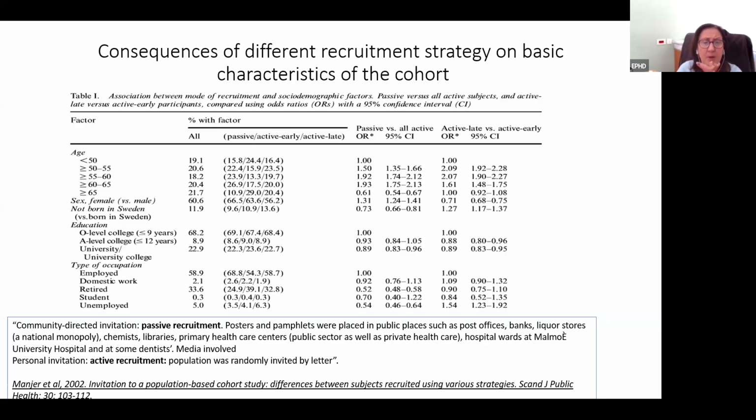So this is an example of a very methodological type of study, by Manger et al., invitation to a population-based cohort study, differences between subjects recruited using different strategies. What they were looking at is, if we use different strategies, do we get different types of people?